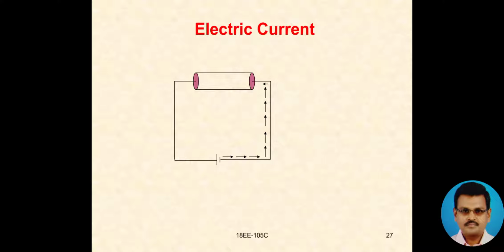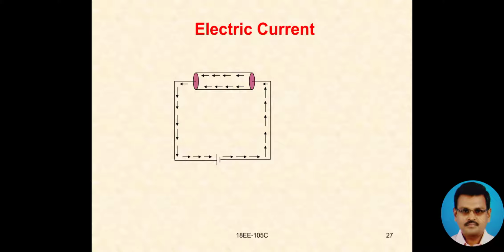Now we can see in the diagram how the electric current will flow through a conductor or in a body. These arrows show the direction of the current. One body is connected with conductors to a battery.